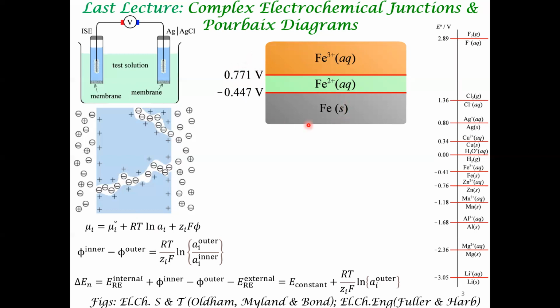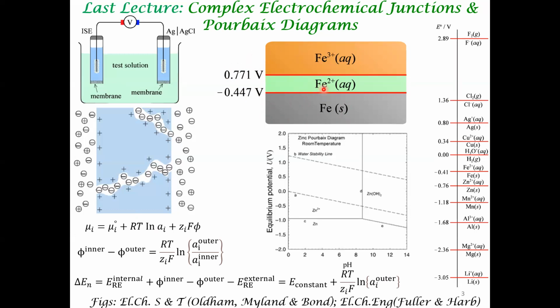This kind of diagram is called a dominance diagram. In this diagram, the dominance is a function of only the potential, because there is only electron transfer in this electrochemical reaction. But in some other cases, like the example of zinc we discussed, there can be both electron transfer as well as proton transfer.